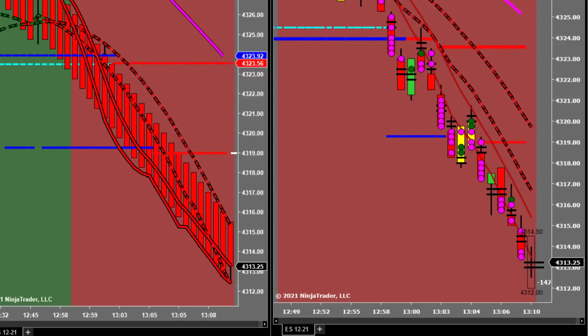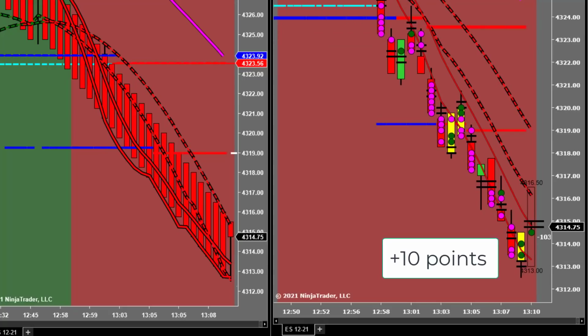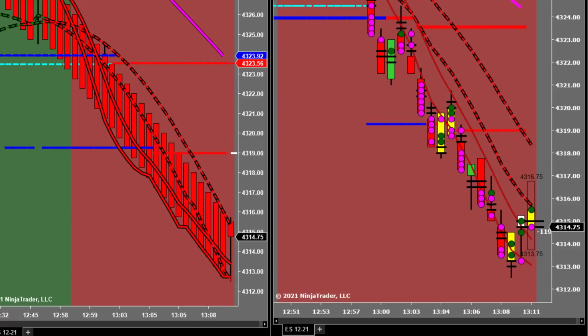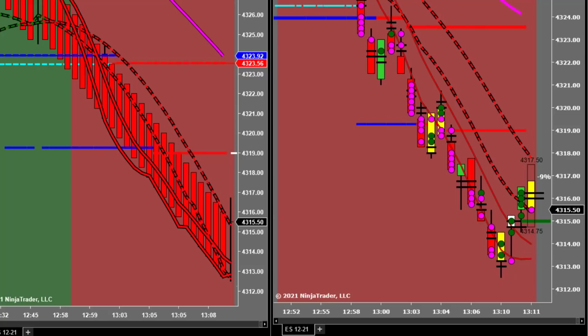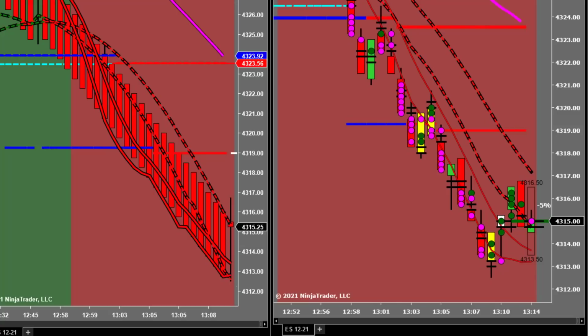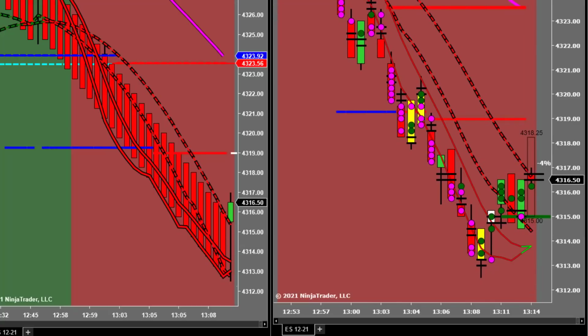So we're looking for something to get hit here, or something to change. You get a yellow-white paint bar. So it should keep going down based on the trigger line read. Obviously they're messing around here a little bit.